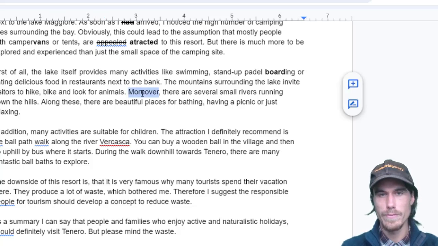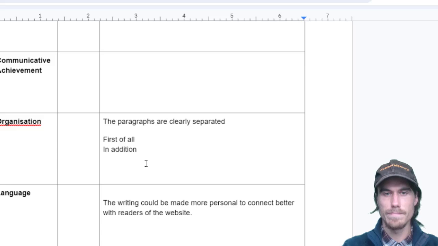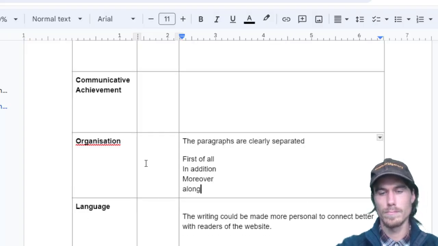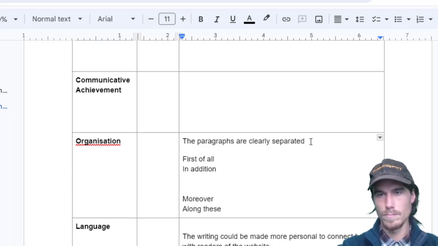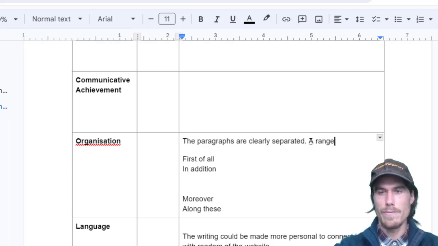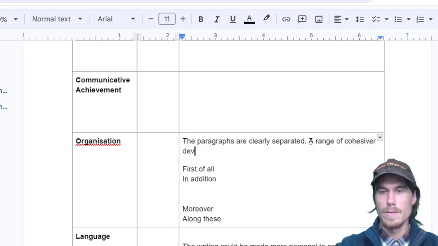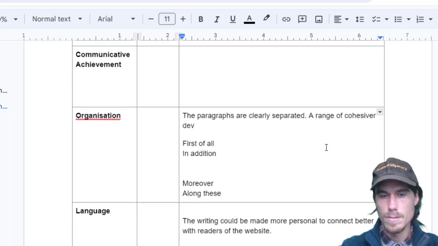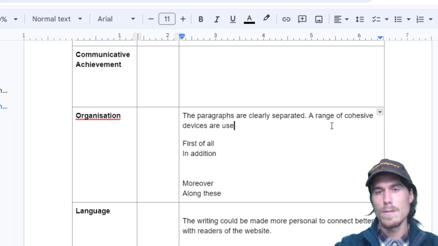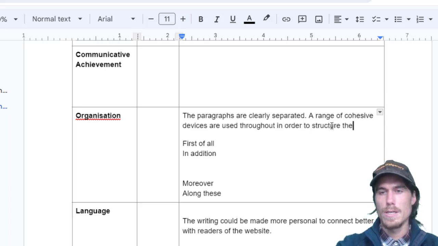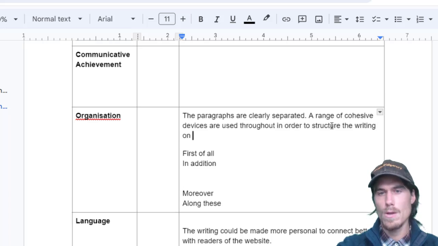This is good. Moreover, along these, good linking phrases. A range of cohesive devices are used throughout in order to structure the writing on a sentence and wider paragraph level.